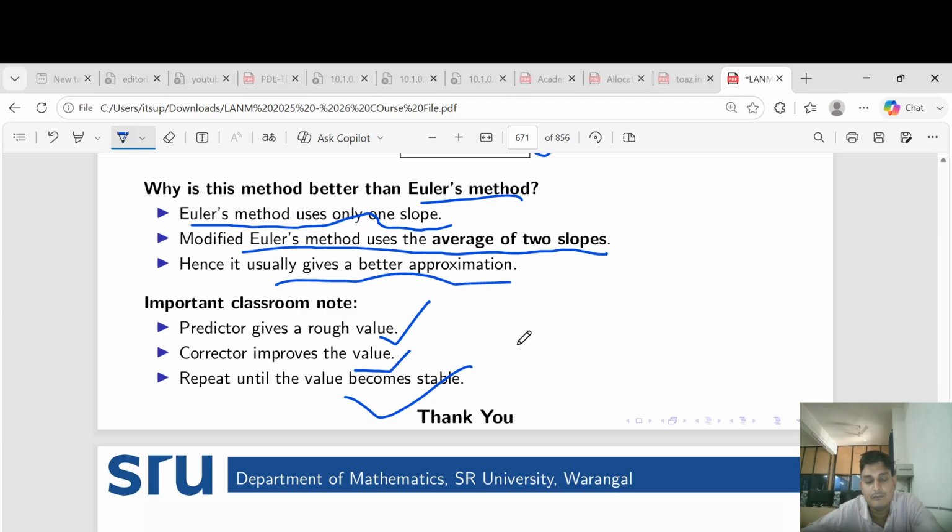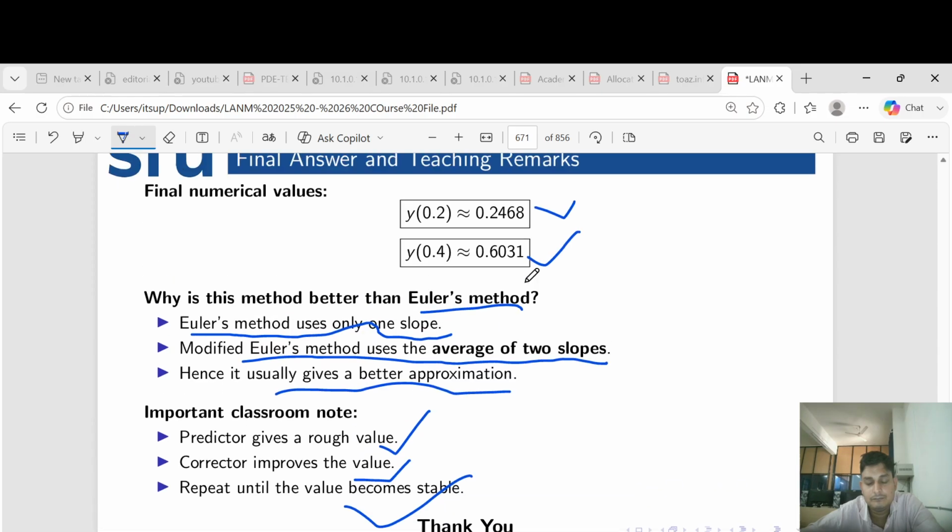It is written here that yn plus 1 is equal to yn plus h of f of xn comma yn.